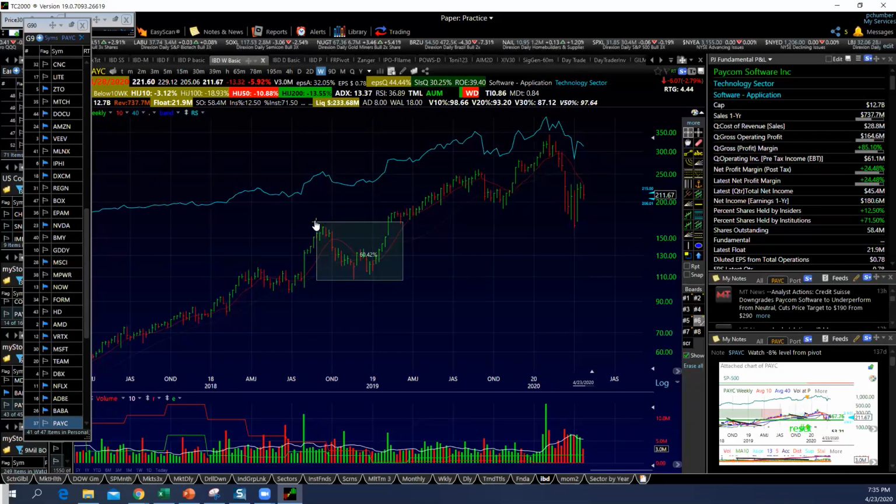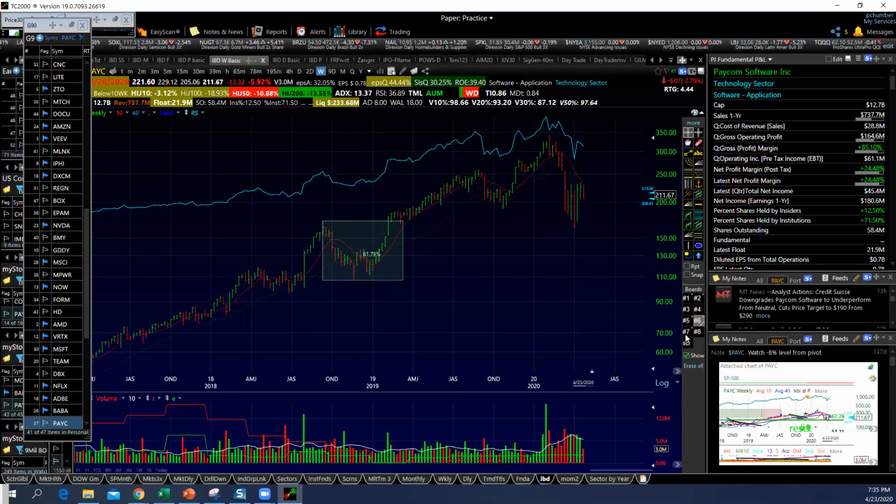See the first bar down, so you can see the basic silhouette of a cup, right? It never pulls back, so you don't get a handle on this one. It just breaks through into high ground.